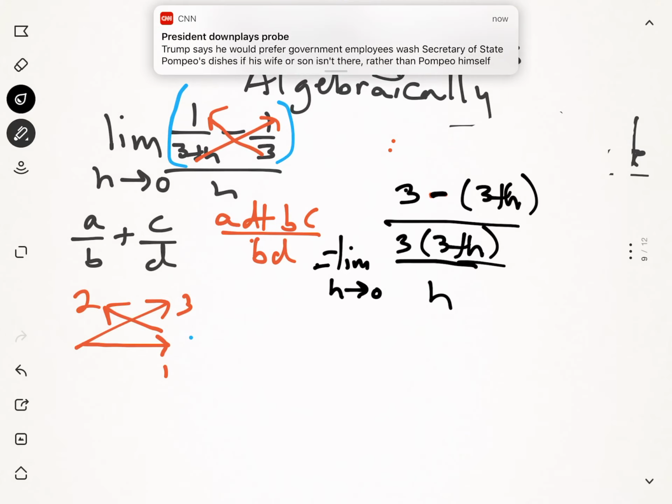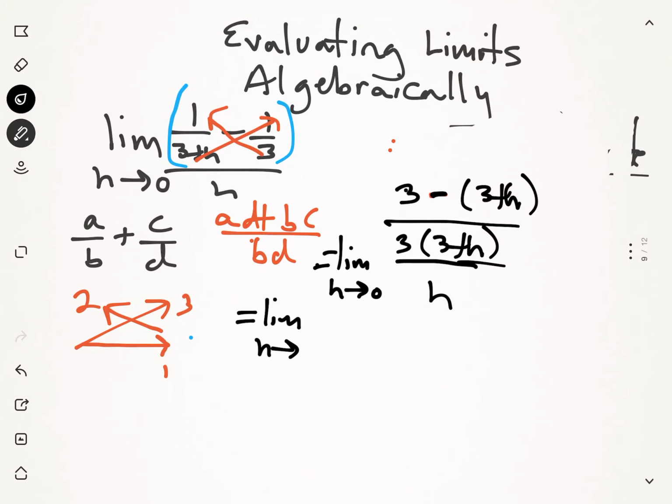Now let's simplify a little bit first by distributing that minus sign. Notice that the 3's cancel. So let me go to some more space.